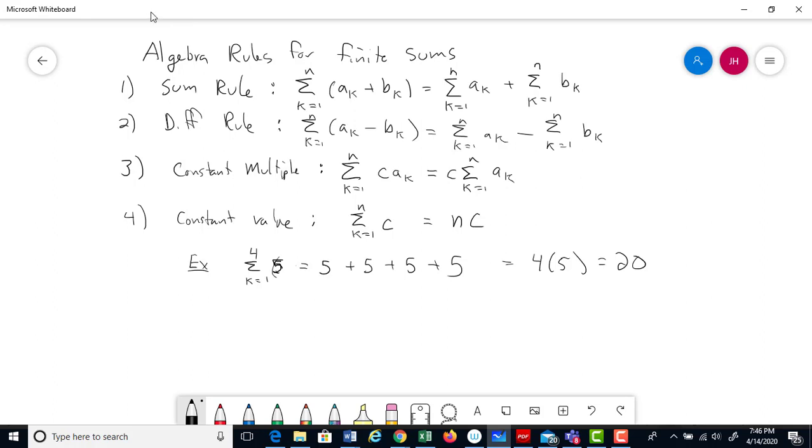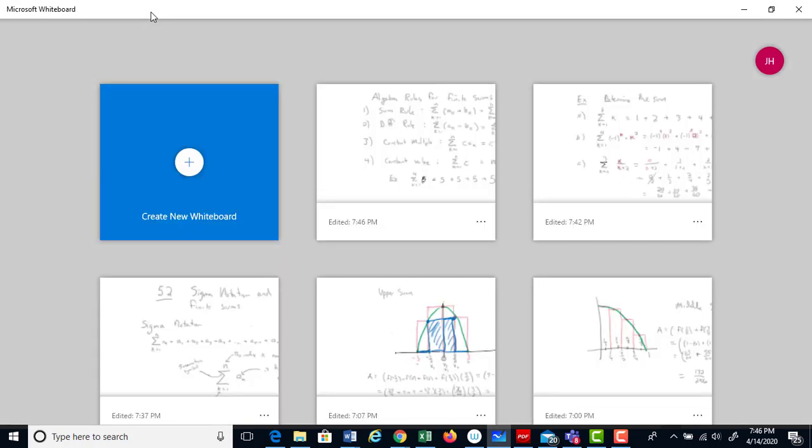Alright, so what I want to do is use these rules for these finite sums, and these rules are going to become helpful when I eventually find the actual area of a curve. So using the rules.